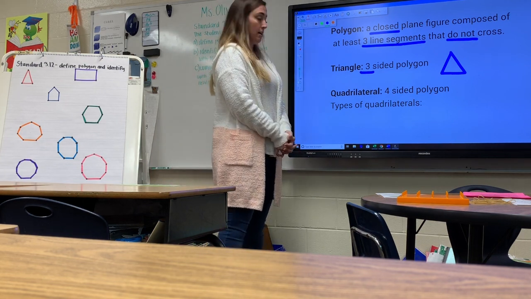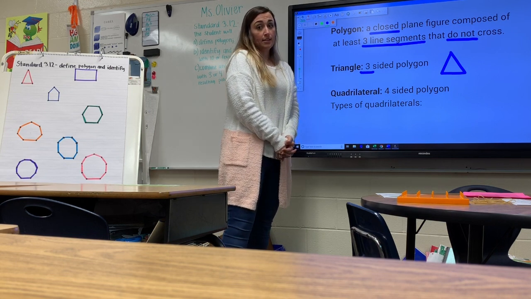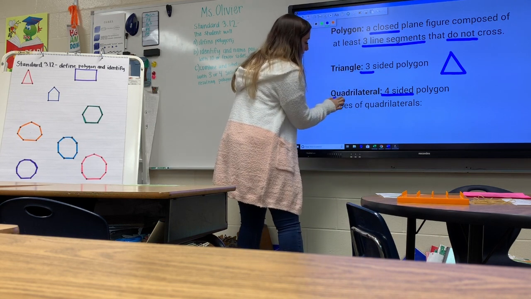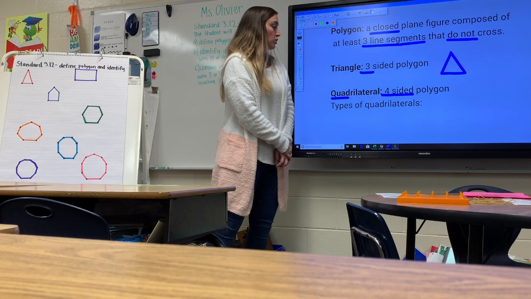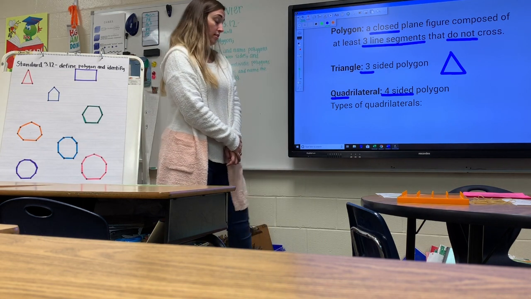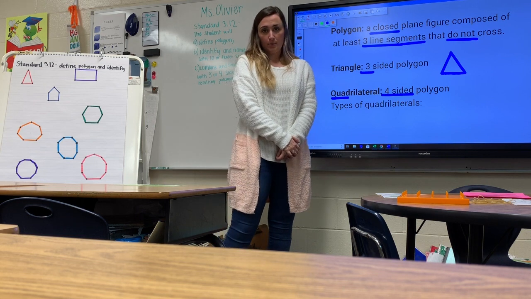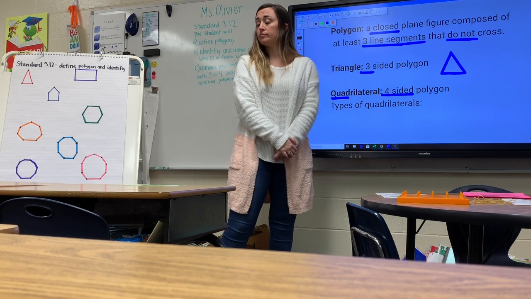The next one we have is a quadrilateral. There are 4 sides in this polygon, so that's what we need to remember. And of course, quad means 4, so we can remember it that way. So a quadrilateral is a 4-sided polygon. What's a little bit tricky is that there are a bunch of different shapes that are quadrilaterals. Can anyone tell me an example of a quadrilateral?